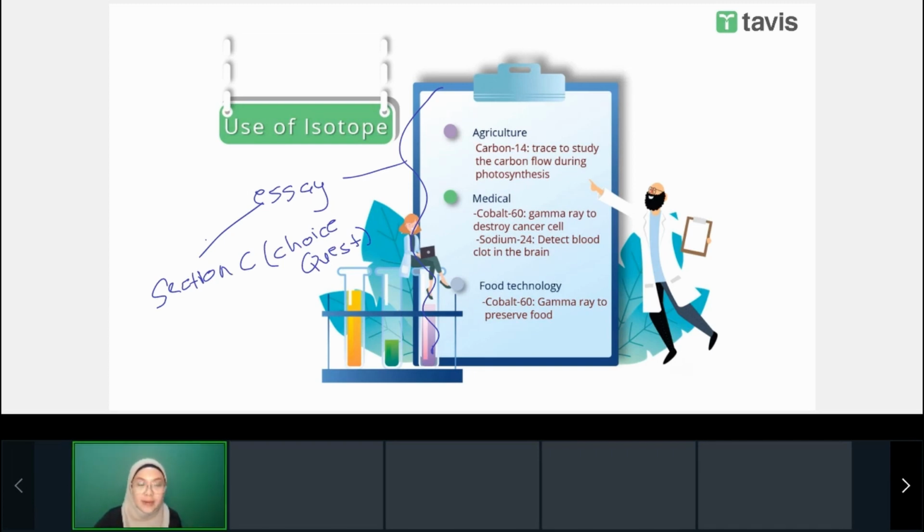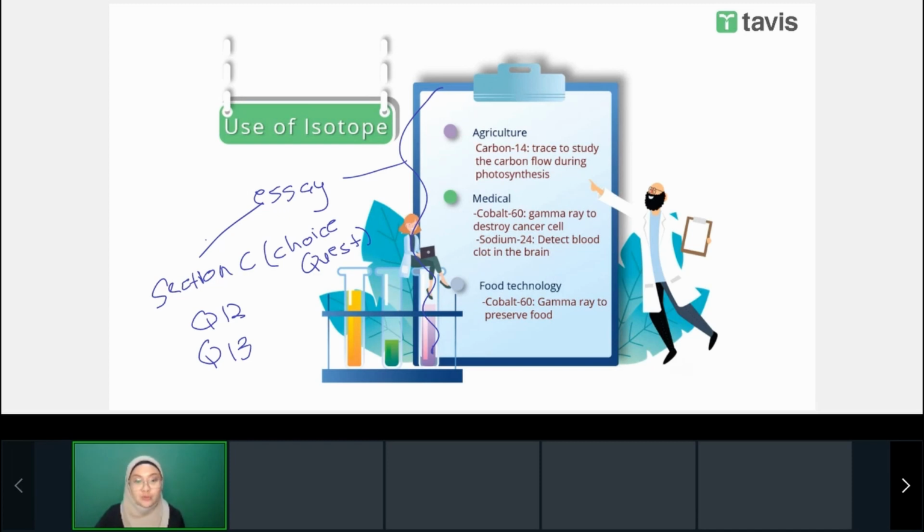Okay, 2 marks for that, define isotope. Then the next question will ask about the application of the isotope in various fields. The marks provided will be 6. Usually Section C, choice of question, which is question number 12 and question number 13. You can answer either 12 or 13. Please answer the question that you have really mastered.